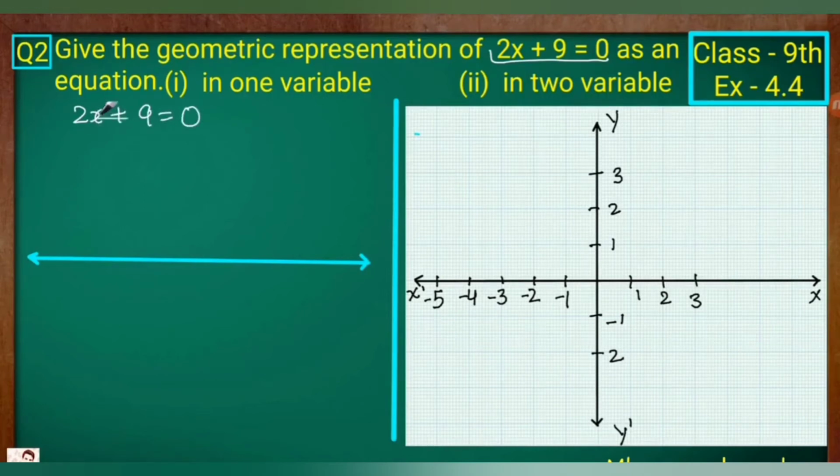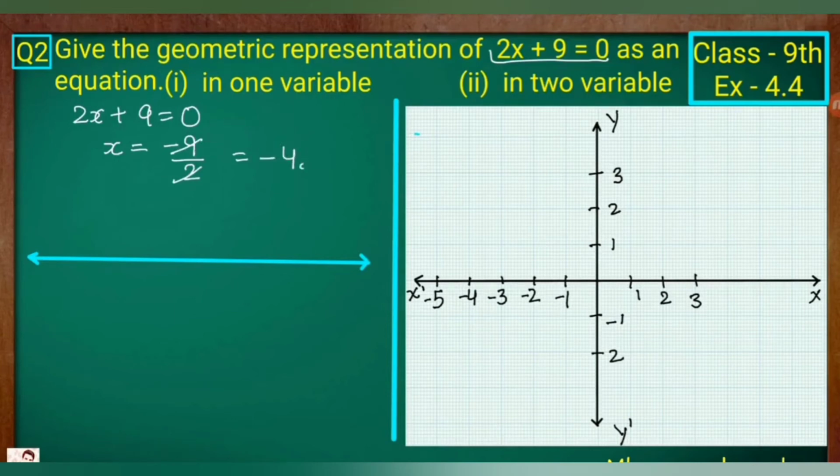Of course this equation is a linear equation in one variable because we have only one variable here. Now let's find the solution of that linear equation in one variable, that is x equal to minus 9 divided by 2. Just divide that, and yes, minus 4.5 is the value of x. So a linear equation in one variable has only one solution.